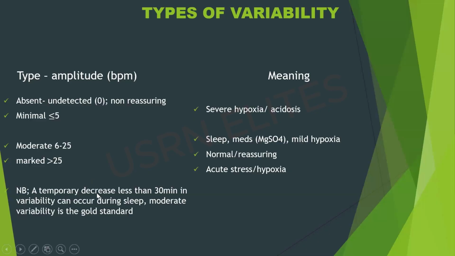When we have a temporary decrease in variability, less than 30 minutes, it can occur during sleep. Once you are sleeping, we can have a decrease in heart rate. That's normal. But know that moderate variability is the gold standard. That's the normal thing.